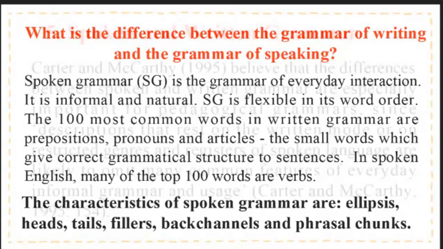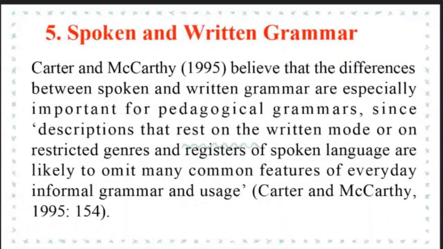According to Carter and McCarthy in 1995, the differences between spoken and written grammar are especially important for pedagogical grammars, since descriptions based on the written mode or restricted genres or registers of the spoken language are likely to omit many common features of everyday informal grammar and usage. So this is for my presentation.